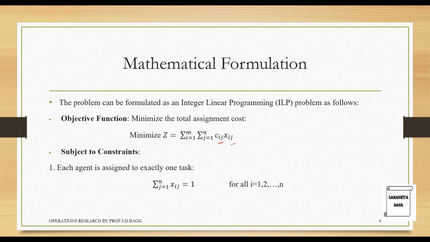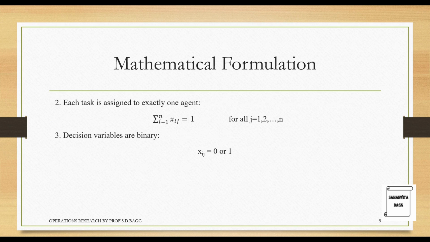Subject to constraints. First, each agent is assigned to exactly one task. So here you can see summation of j equal to 1 to n, xij is equal to 1 for all i equal to 1 to n. As you can see, i will take values from 1 to n and j will take values from 1 to n, and here the summation will be equal to 1.